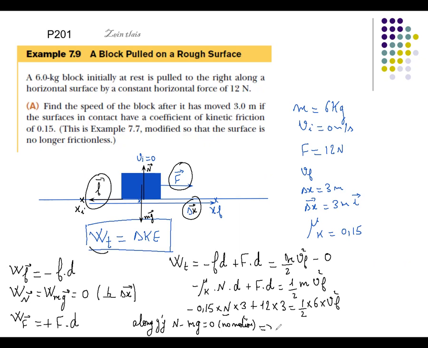So N equals mg equals 6 times 9.8 Newtons. We substitute its value here.